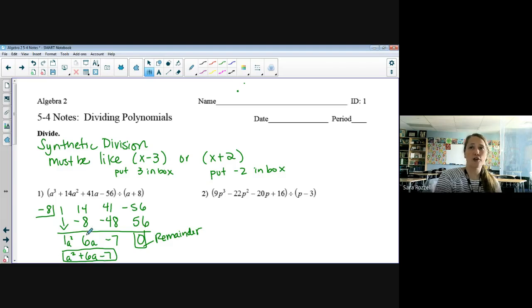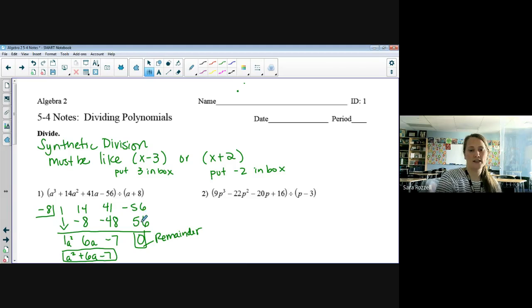And after that, you repeat the process. So whatever number you have on the bottom row, you're going to multiply by what's in the box. 6 times -8 is -48. You add those together, and you get -7. We multiply, and I got 56.